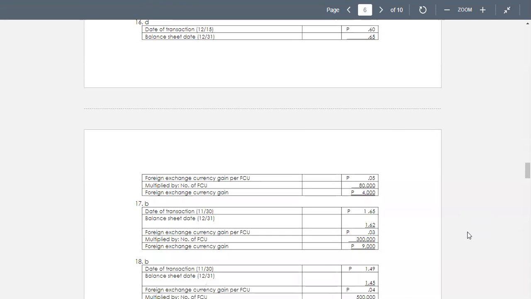Next, 18. In number 18, we are asked in the year in which the sale was made, that was in 20x5, what amount should WAL report as foreign exchange gain or loss from this transaction?